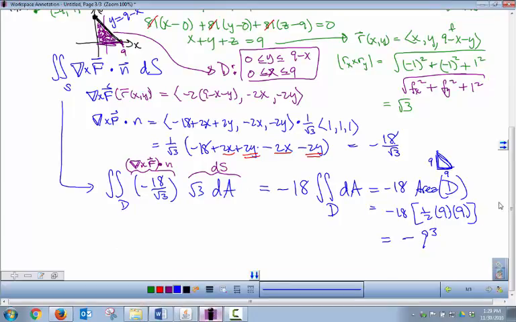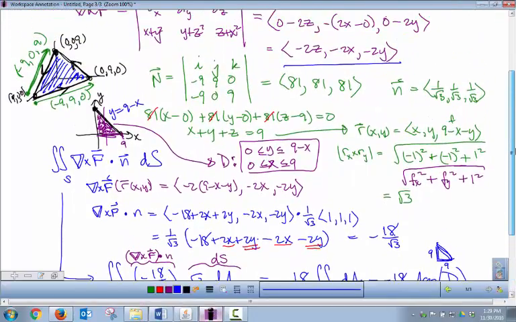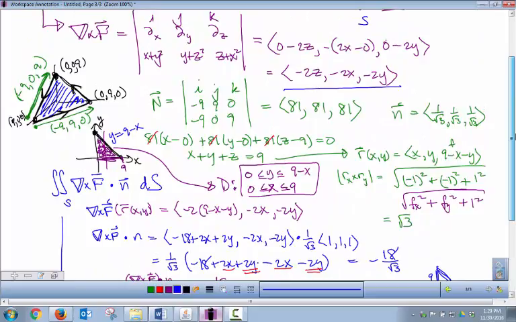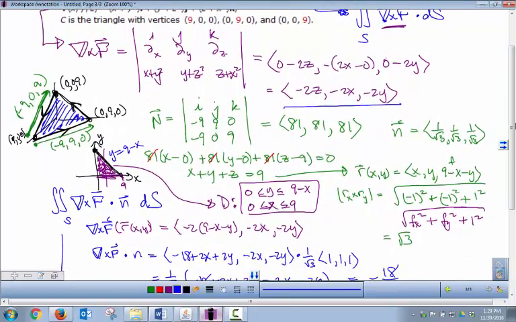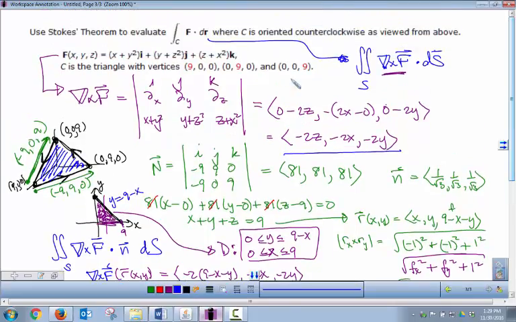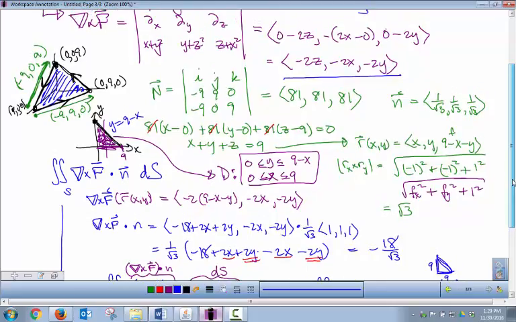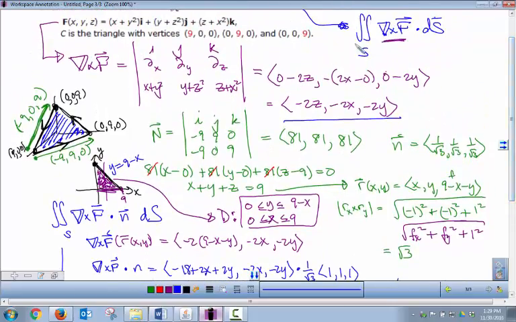So we didn't have a surface, right? We're looking at a line integral. We didn't have a surface, and so we made up a surface whose boundary is that triangle. And from there, instead of doing 3 line integrals, which is what we would have had to do, we did 1 flux integral.